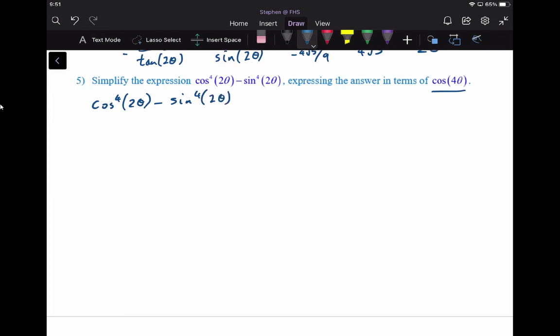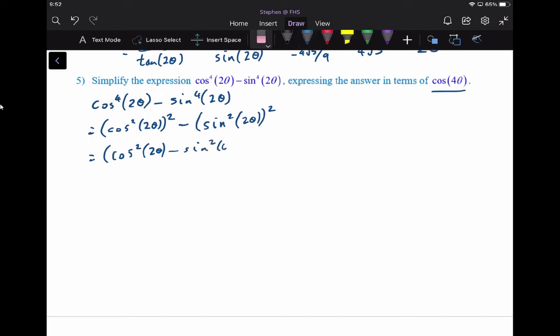And what we can do is write that as cos squared 2 theta squared minus sine squared 2 theta squared. So this one, remember you can use the difference of two squares formula. So this will be cos squared 2 theta minus sine squared 2 theta, and then cos squared 2 theta plus sine squared 2 theta.